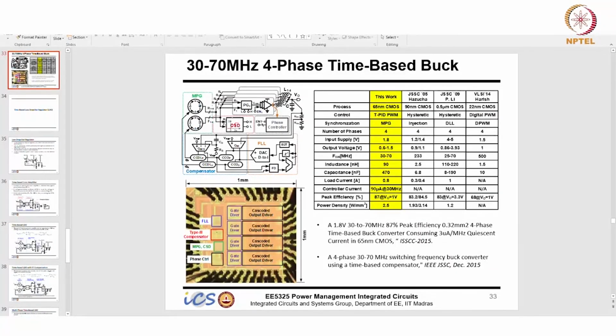This guy. Here actually it's 1 to 4 phase we are tapping, and this whole VCO is running at, if it's 70 megahertz, 70 times 4, 280 megahertz actually. That's what this VCO is running at.